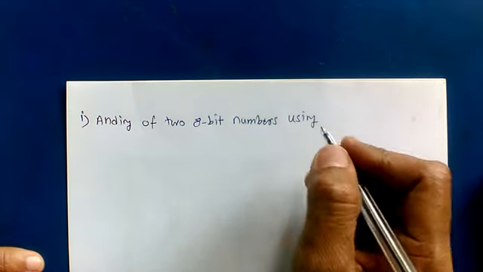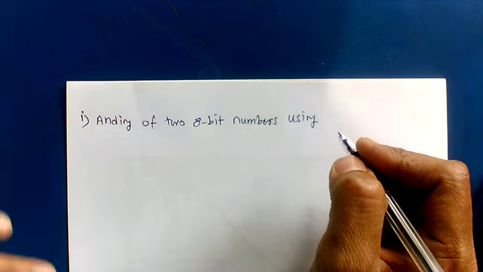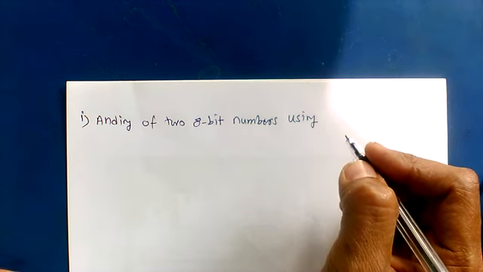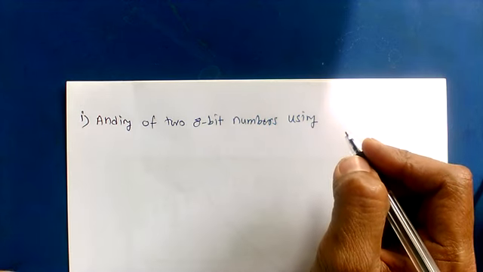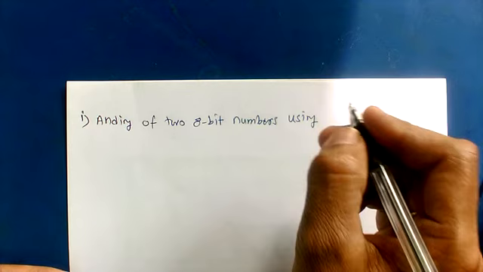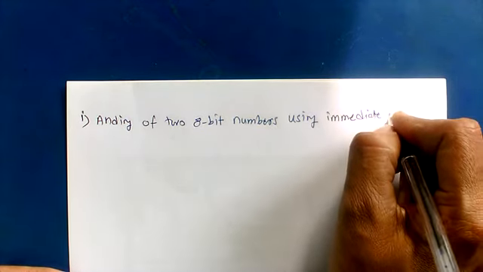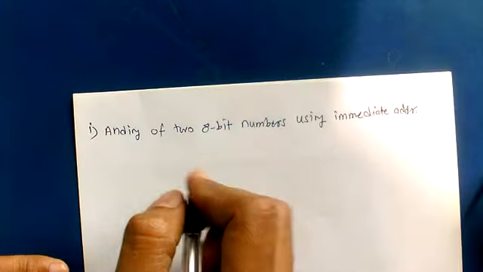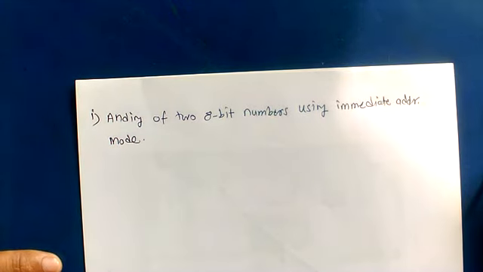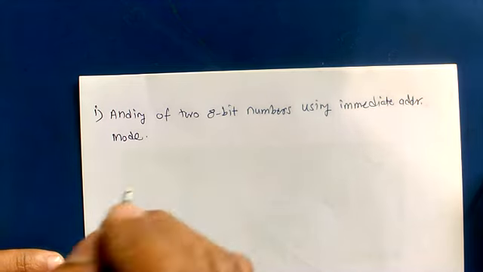Here we are going to write the program by using immediate addressing mode. So ANDing of two 8-bit numbers by using immediate addressing mode. Suppose the two numbers are given to you.